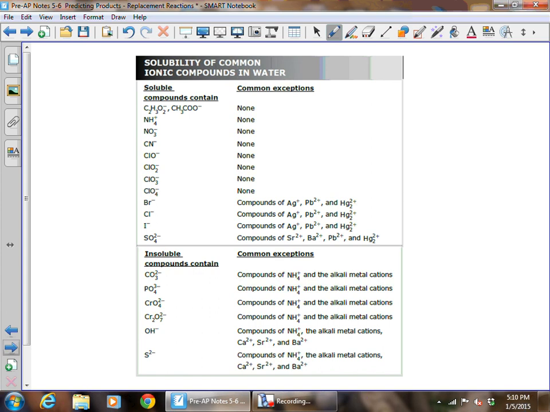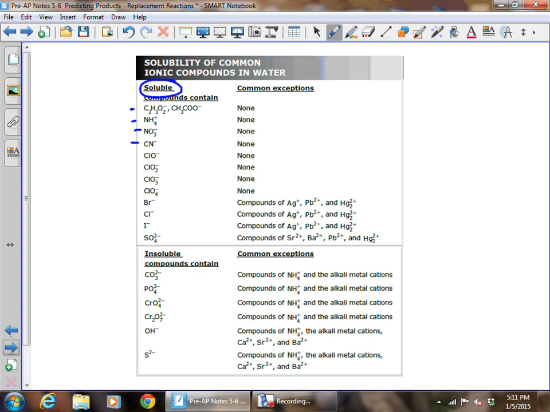And what this says, if you'll look at the top of the solubility chart, this is for the soluble compounds. If you see acetate, ammonium, nitrate, cyanide, any of these ions listed up here, they are going to result in a soluble compound, something that's going to dissolve in water.